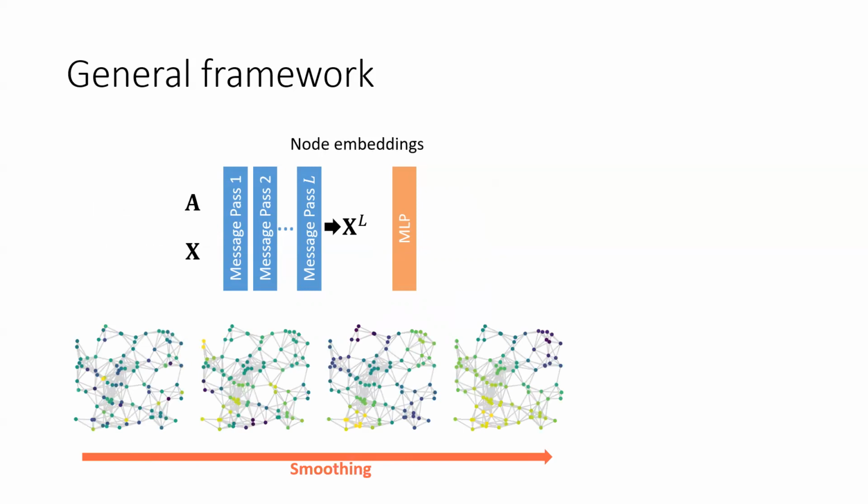Importantly, every message passing layer performs a smoothing operation of the node features, since every time the features of a node are combined with its neighbors, they become locally smooth on the graph, meaning that neighboring nodes end up having the same features. Finally, the node embeddings, which are the node features generated by the last message passing layer, are fed into a multi-layer perceptron, which computes the soft cluster assignments represented by a matrix S.